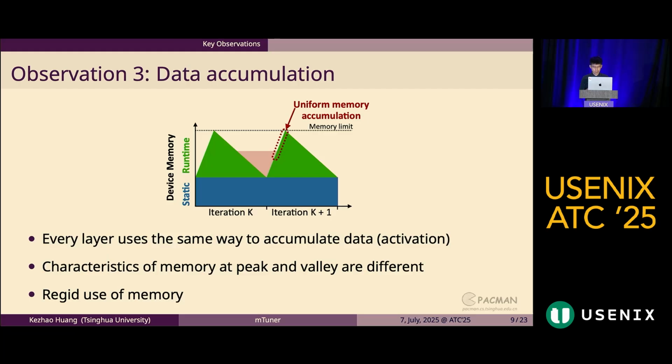Despite this difference, the current approach rigidly holds on to memory in the same way across all layers and all phases. This inflexible usage causes inefficient memory utilization, limiting our ability to smooth out peaks or leverage valleys. So there is potential to adapt how we accumulate and release data dynamically, depending on the runtime memory state.